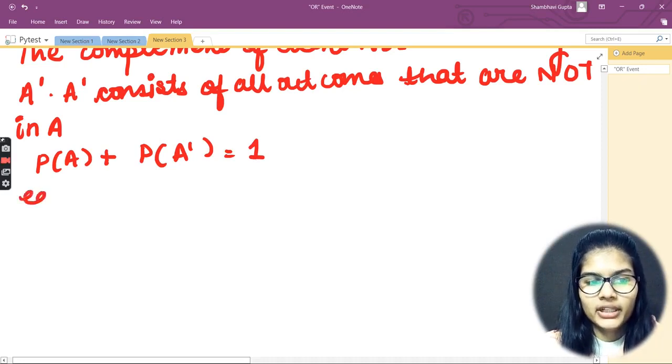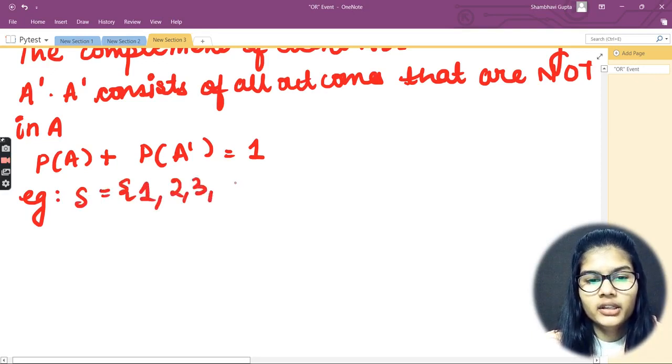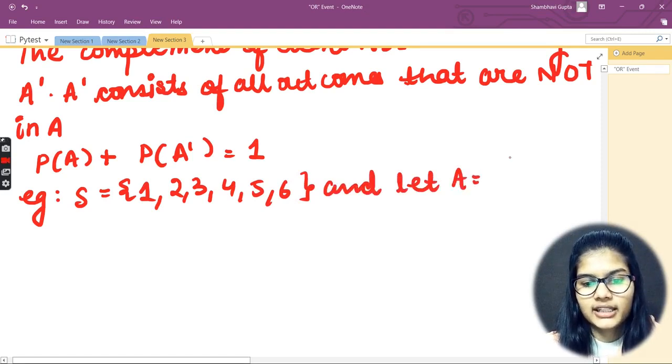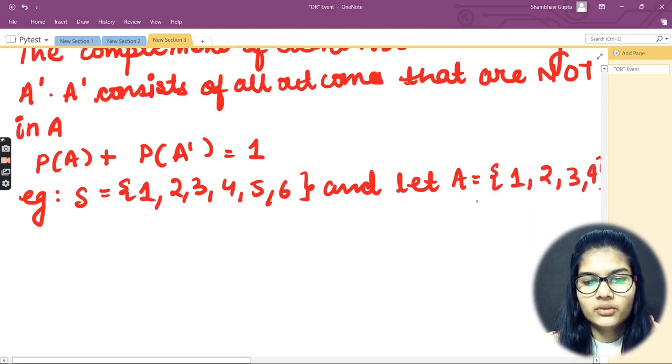Now if I take an example here, let's say I have a sample space, and that is 1, 2, 3, 4, 5, and 6. Let A be equal to 1, 2, 3, and 4.